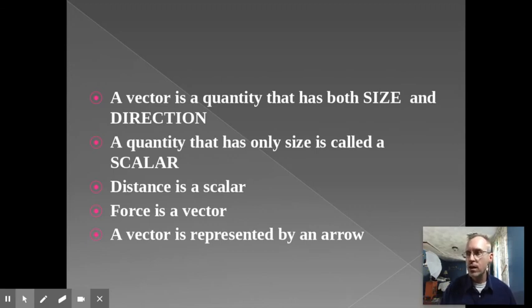A scalar is just a quantity that's measured with just a number. The example we often give of a scalar quantity is the temperature in the room. Right now, I'm in my house. It's August, and the temperature in the room with the air conditioning on is about 73 degrees or something like that. So 73 is just a number, and that describes the temperature in the room adequately.